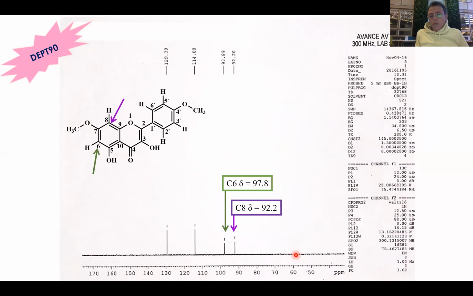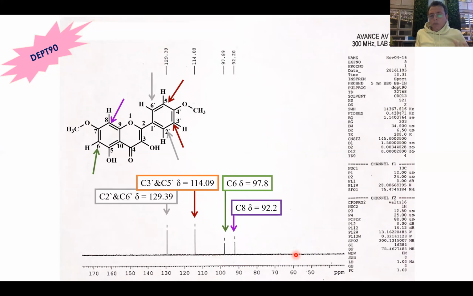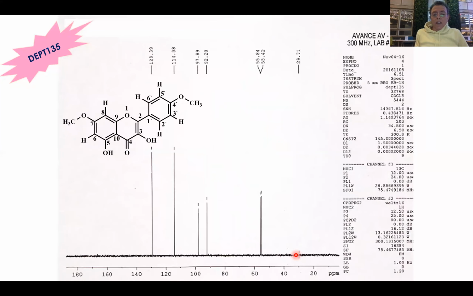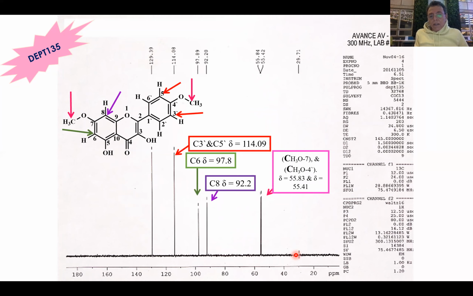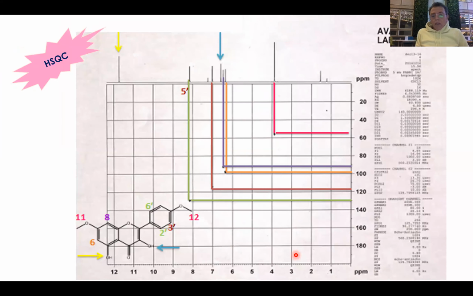You could also see the amplification to see clearly the assignment, as well as here regarding C8, C6, 3'-5' and 2'-6'. Right? If we go to the assignment using HSQC, HSQC means the assignment of protons correlated to carbon. So if we know the proton, like the methoxy group, then we can assign the carbon 13.